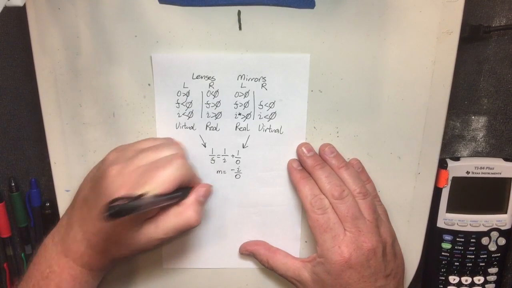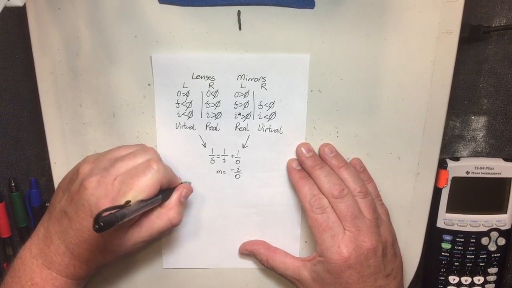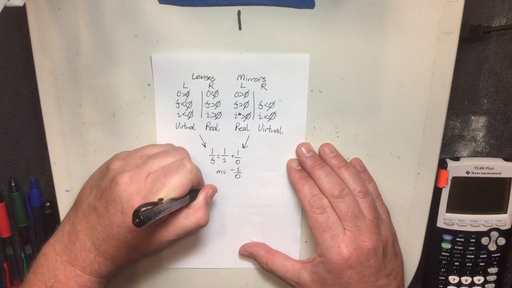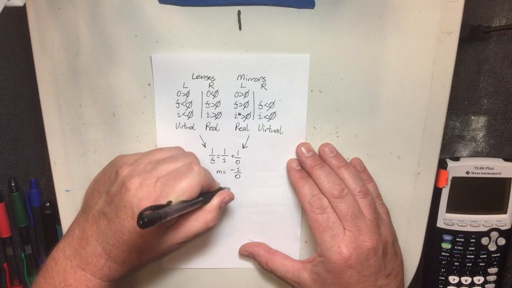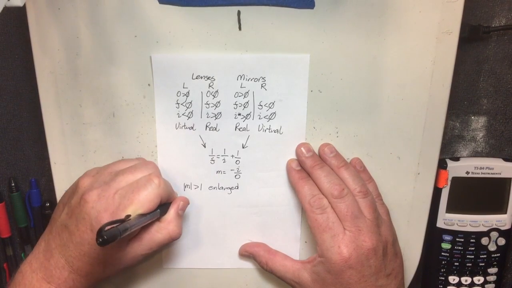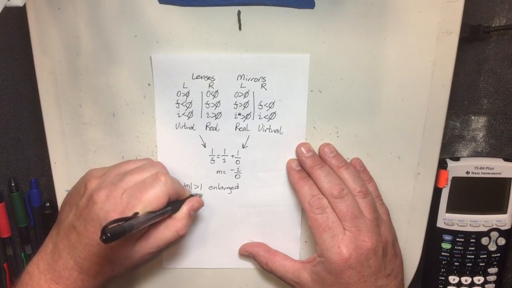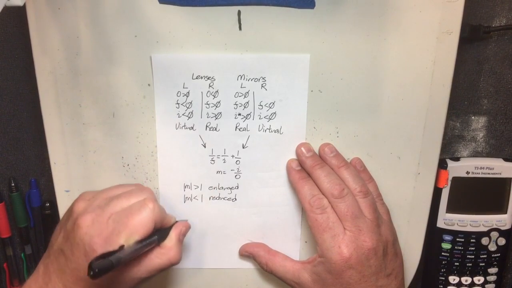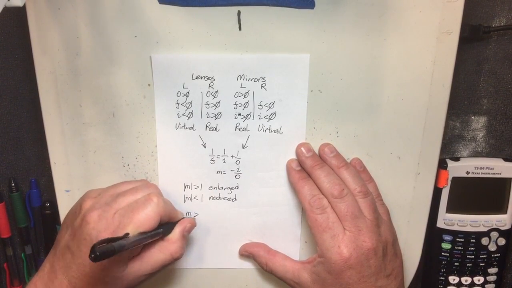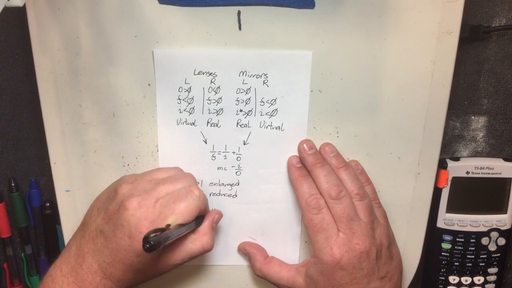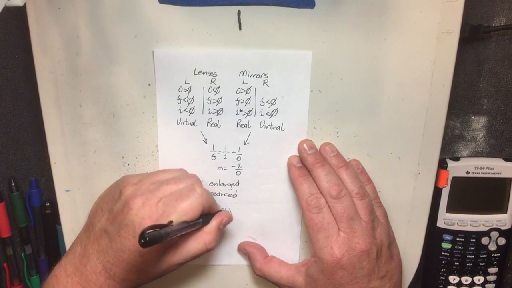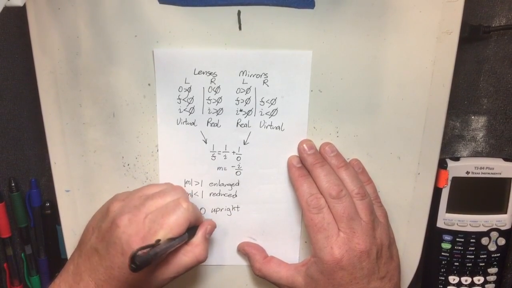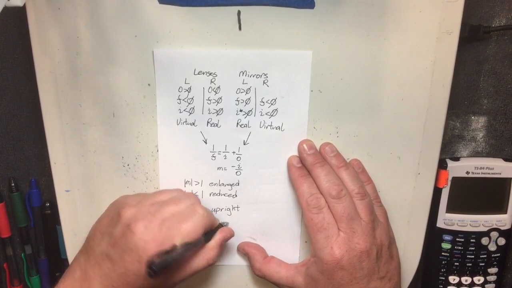The magnification, if its absolute value is greater than 1, it has been enlarged. If that absolute value is less than 1, it has been reduced. If the magnification is greater than 0, it is upright. If the magnification is less than 0, it has been inverted.